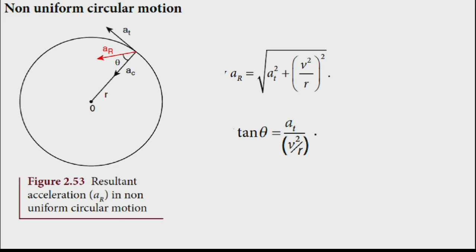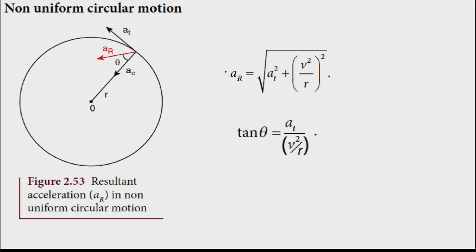Whenever the speed is not the same in circular motion, the particle will have both centripetal and tangential acceleration. Since centripetal acceleration is v squared by r, the magnitude of the resultant acceleration is a is equal to root of at squared plus v squared by r the whole squared.